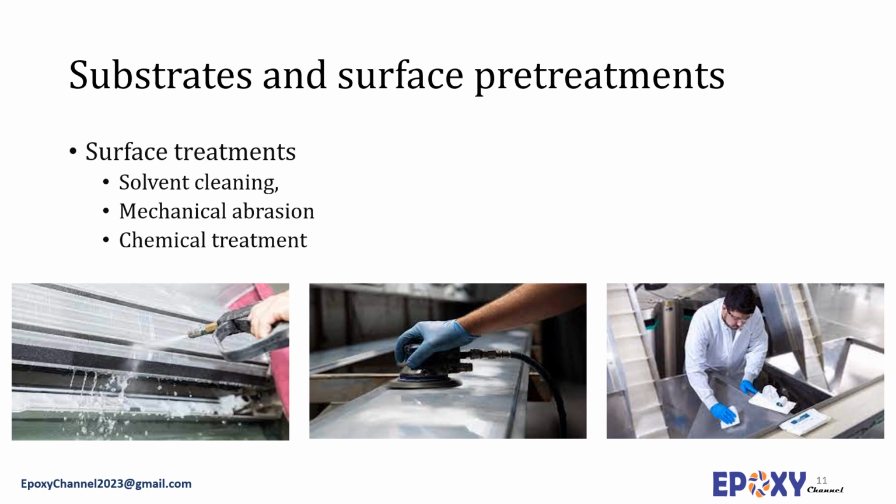Several chemical treatments have been introduced for surface treatment of steel alloys, aluminum alloys, titanium alloys, or fiber reinforced composites, which are necessary to ensure good adhesion at their surfaces.